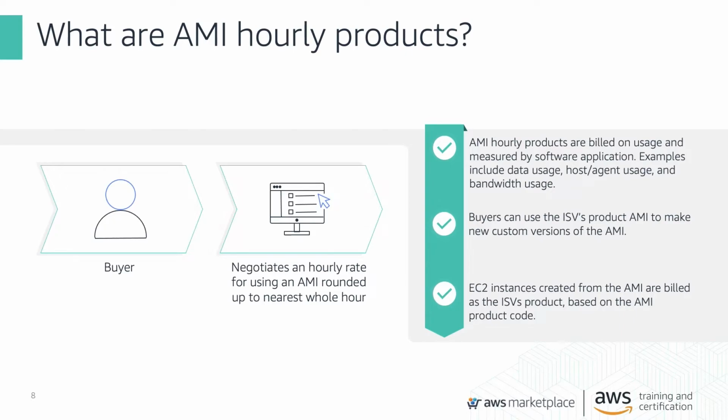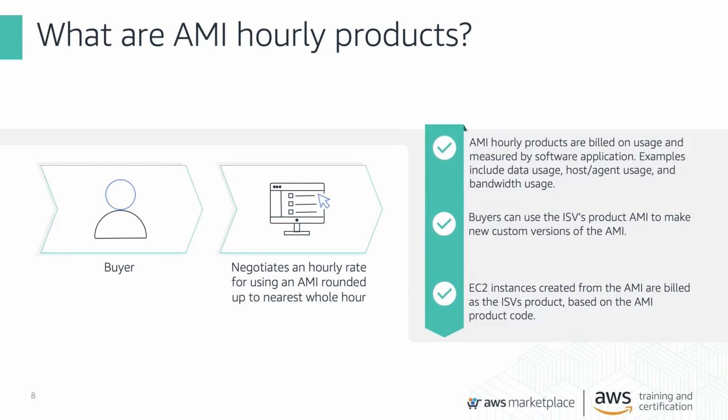With an AMI hourly product, the buyer negotiates an hourly rate for using an AMI, rounded up to the nearest whole hour. AMI hourly products listed in AWS Marketplace are billed on usage measured by the software application. Examples of metered usage dimensions include data usage, host or agent usage, or bandwidth usage.